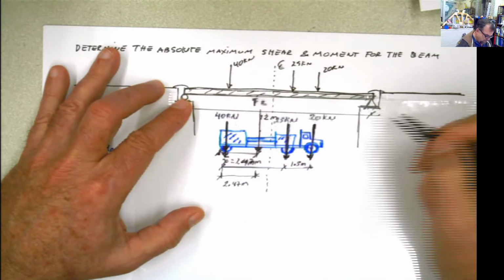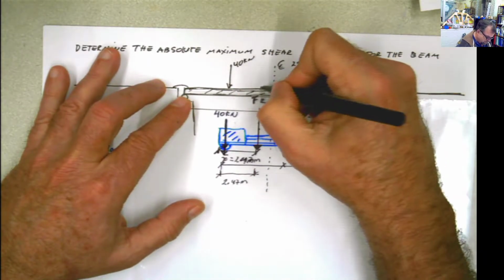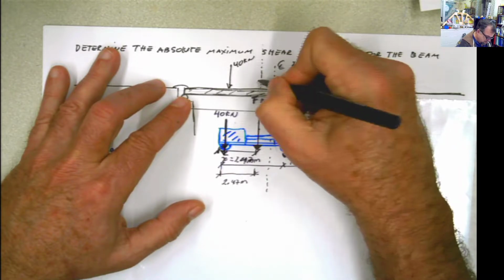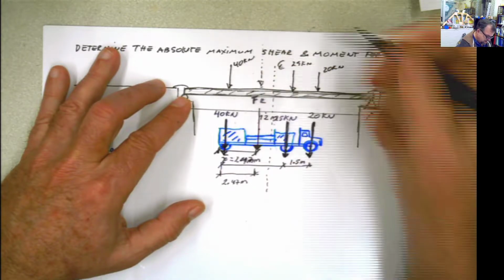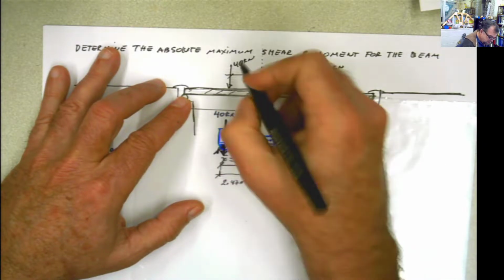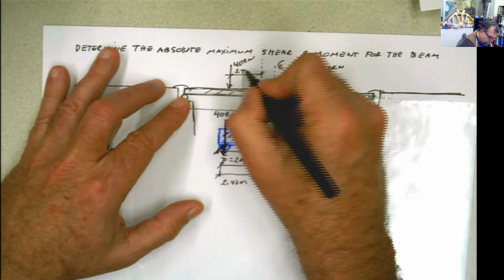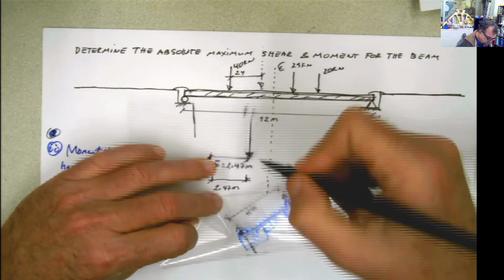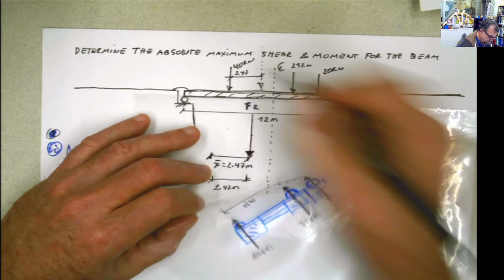Now I know all the other distances because the resultant force originally was here and it's still there, and I don't need to put it for anything. I'm just going to put it to measure this distance, which is 2.47 that we calculated before.